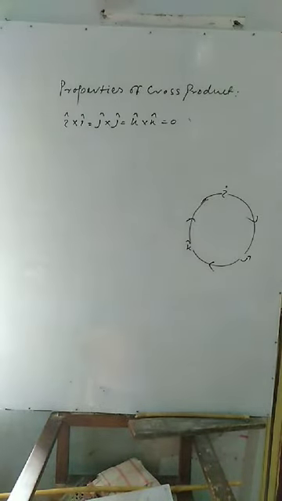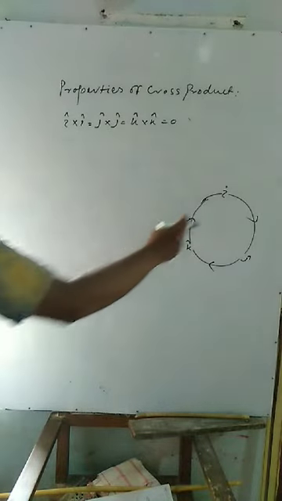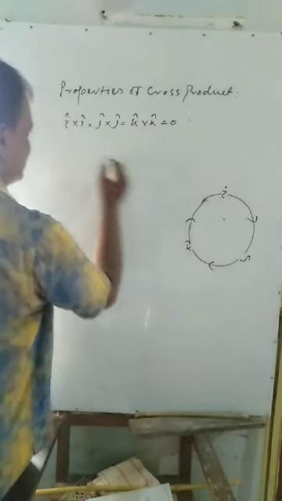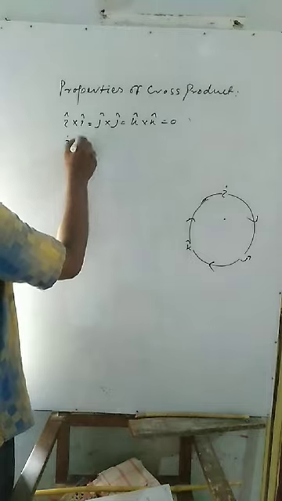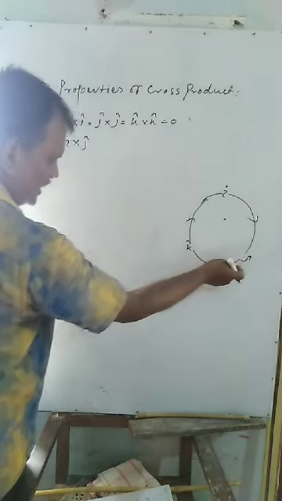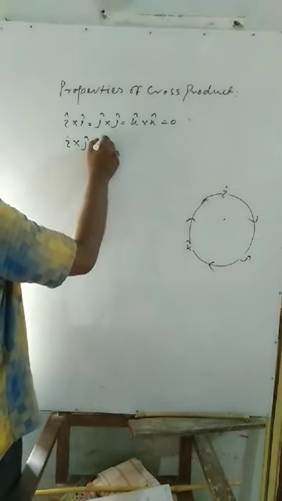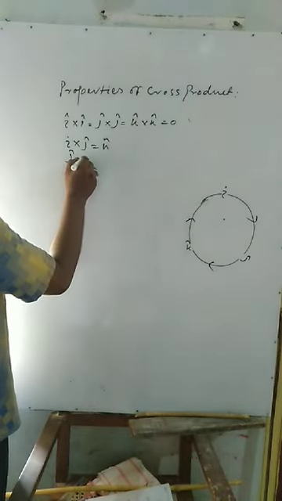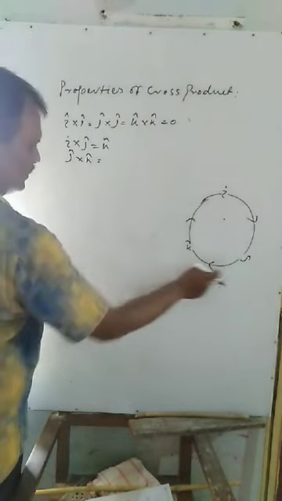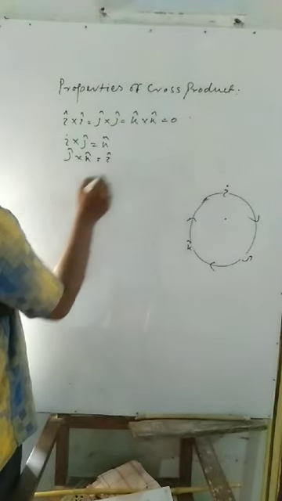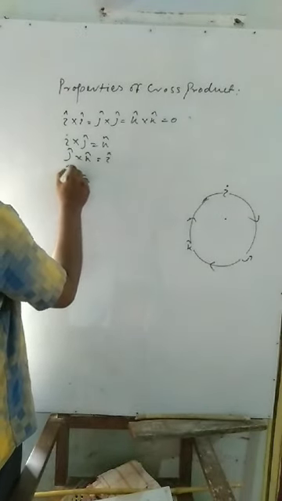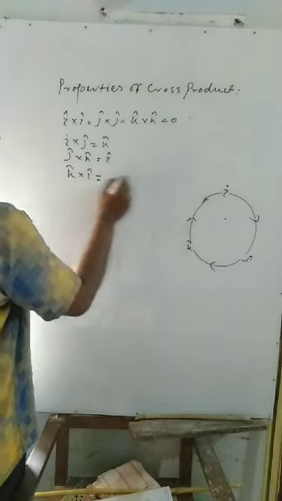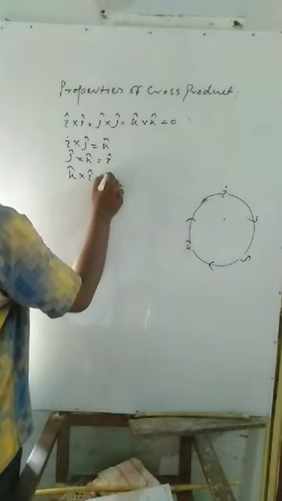So i cap cross j cap is equal to k cap. j cap cross k cap is equal to i cap, and k cap cross i cap is equal to j cap.